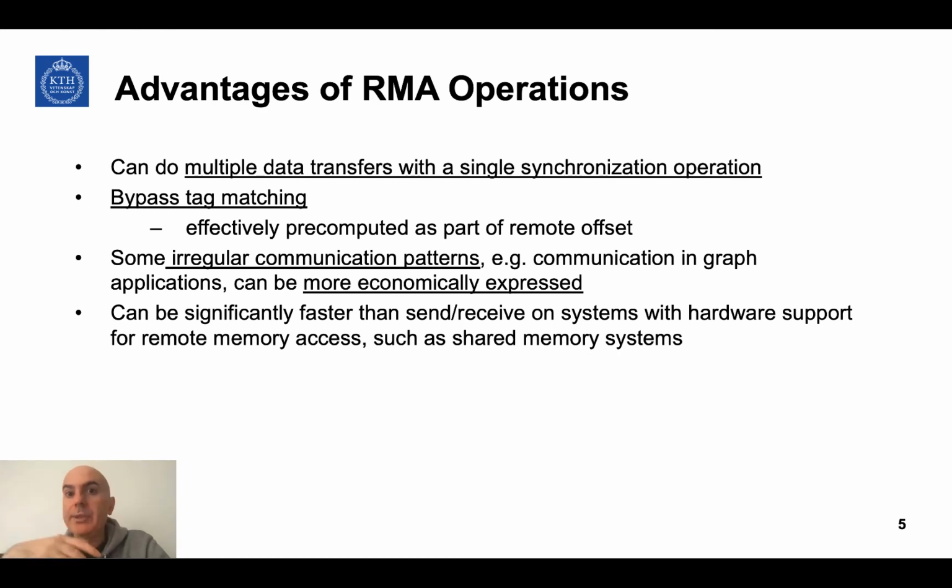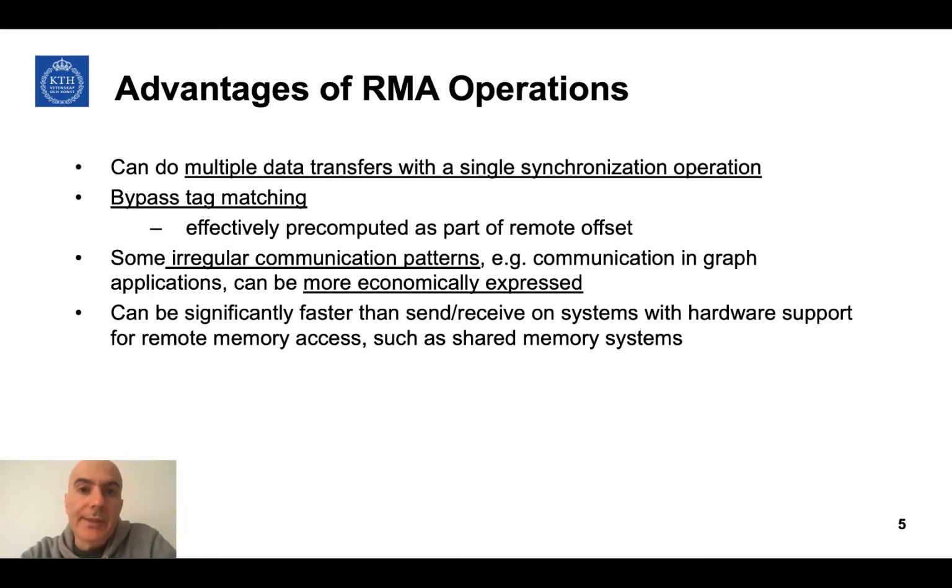When, for instance, we have a distributed graph and we want to put some values in a part of the graph that is not on our process, it's quite clumsy to use MPI send and receive. Instead, here we can just expose the part of the graph to all the remote processes, and then we can do put or get operations to update the values of a particular node of the graph.